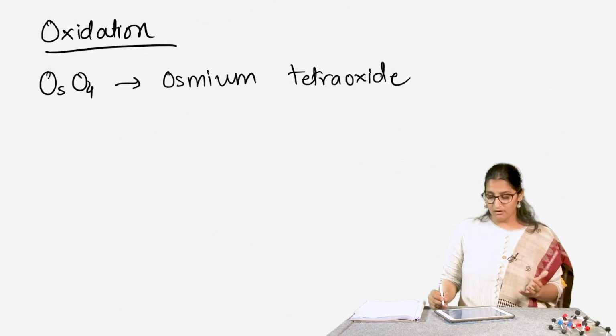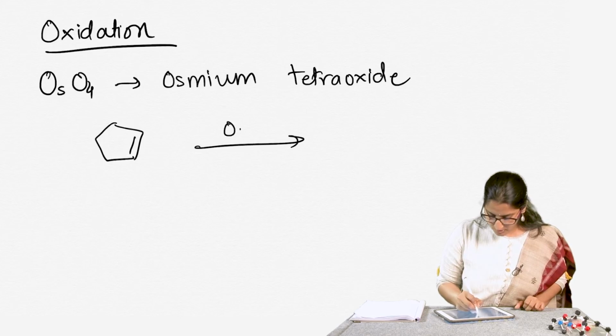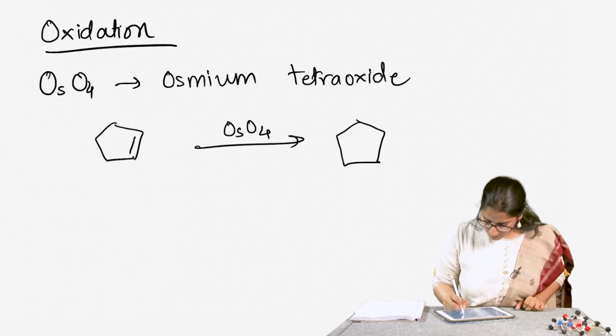The product of the reaction, as this molecule reacts with OsO4, is that it first undergoes a formation of a cyclic osmate.